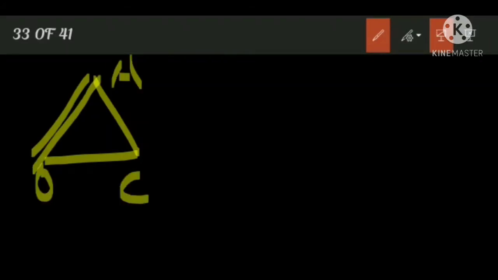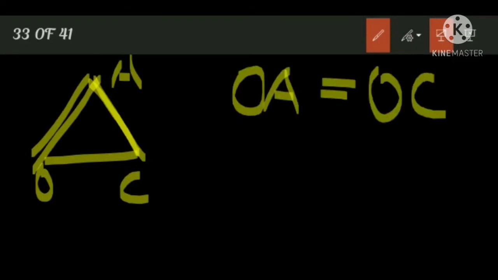Here we have OA and OC equal, because they are the radii of the circle, so OA is equal to OC. So we have a property: when two sides are equal, then the opposite angles of the sides are also equal.